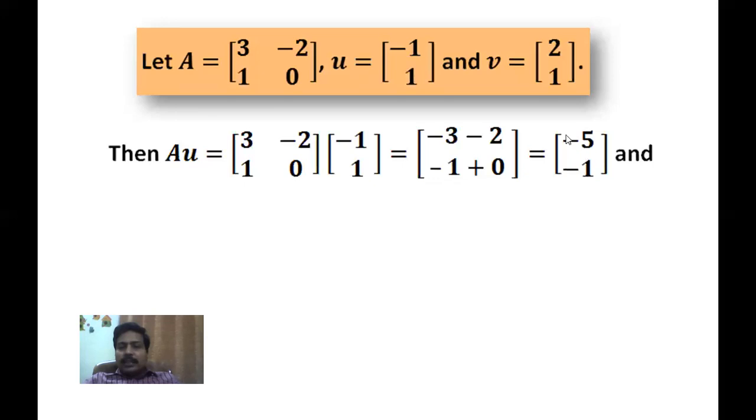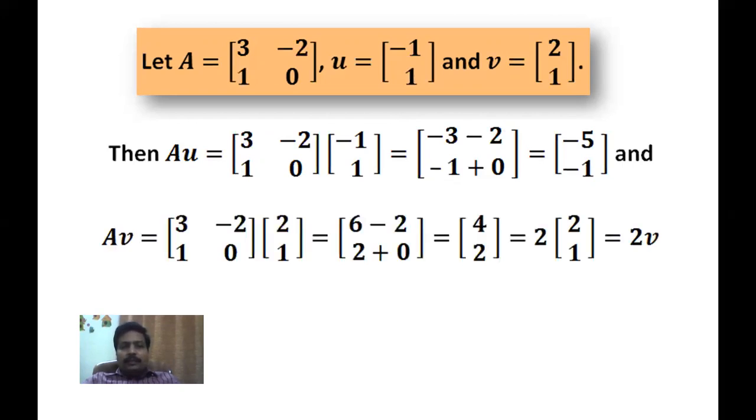Here we can observe that it is not a scalar multiple of this U, minus 1 and 1. And if we observe AV, this is A and this is V, 2 1. 3 into 2 is 6 minus 2, that is 4. And 1 into 2, 2 plus 0 is 2. 4 2 is a multiple of 2 1. 4 2 is 2 times this 2 1.